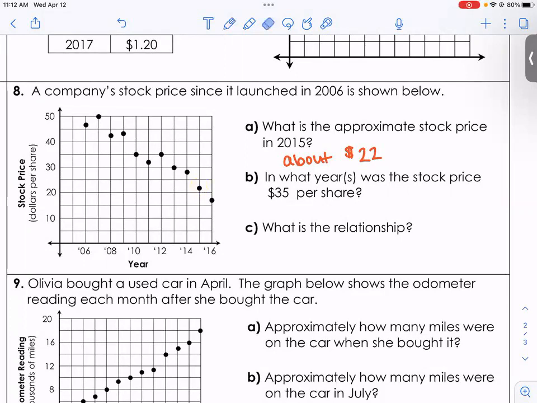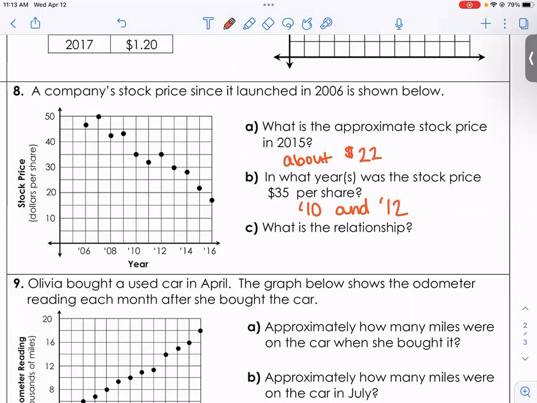Now, what about this one? In what year was the stock price 35? Well, now we have to go over to the y-axis. Here's 35. Ooh, it happens twice. It happens in 2010 and in 2012. What's the relationship?